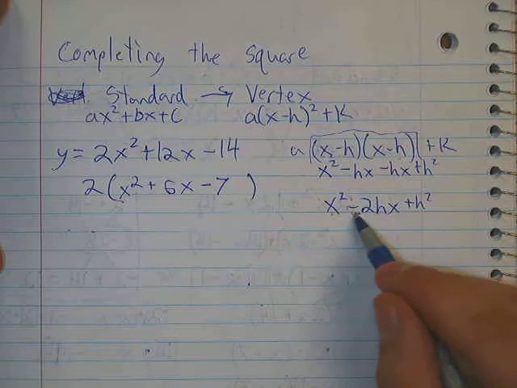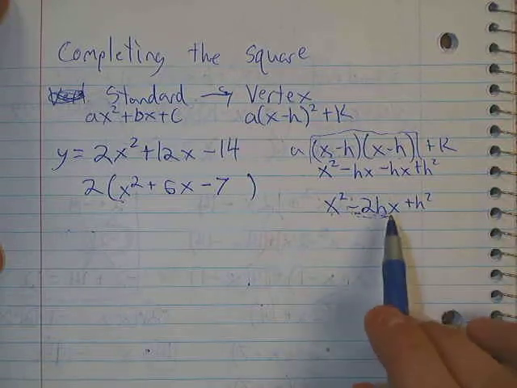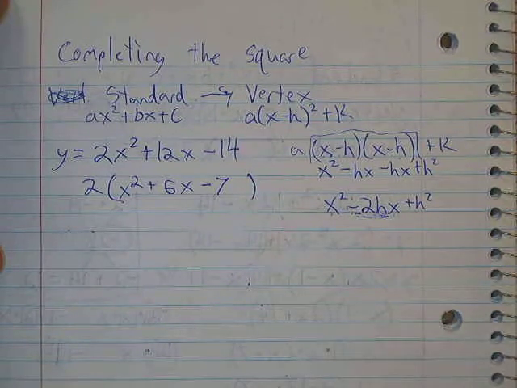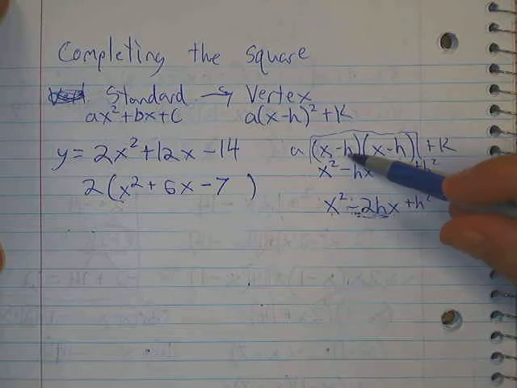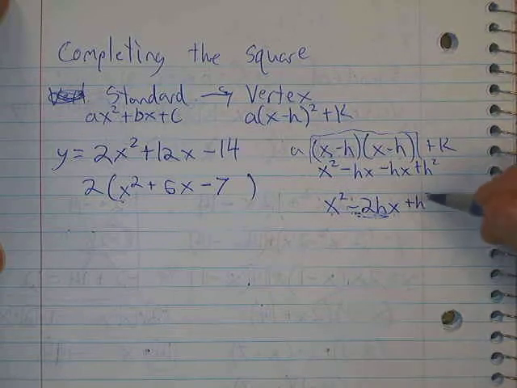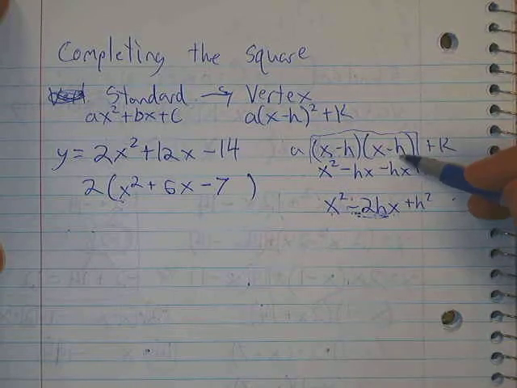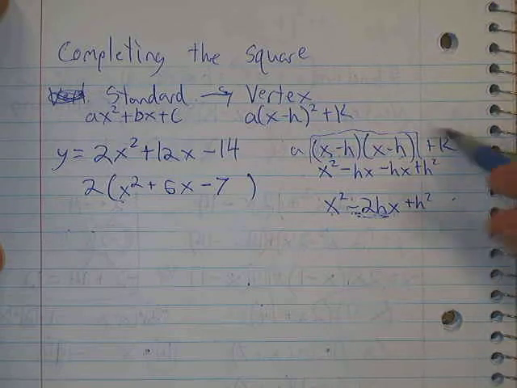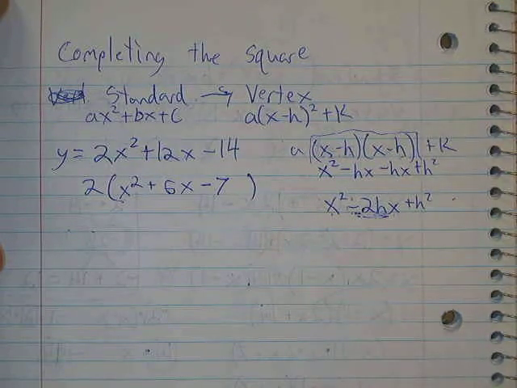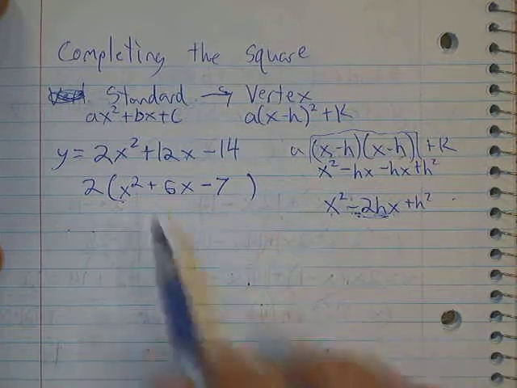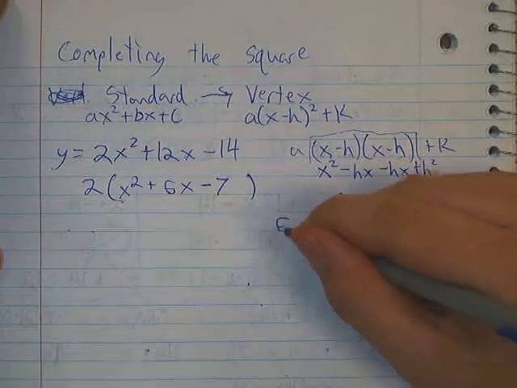The reason I'm doing this is to show that whatever number I have next to my x term, in what looks to be standard form, should be double this h value, and whatever this squared value is should be exactly half of that number squared. So let's see if that works.